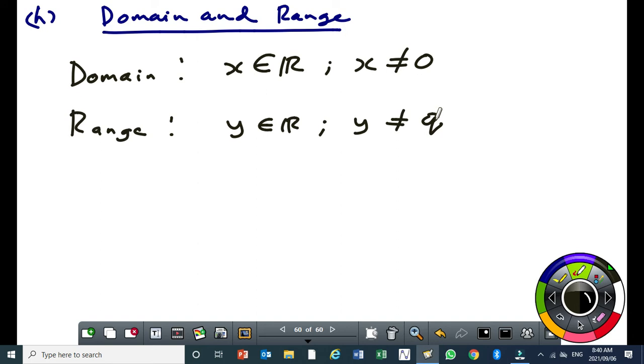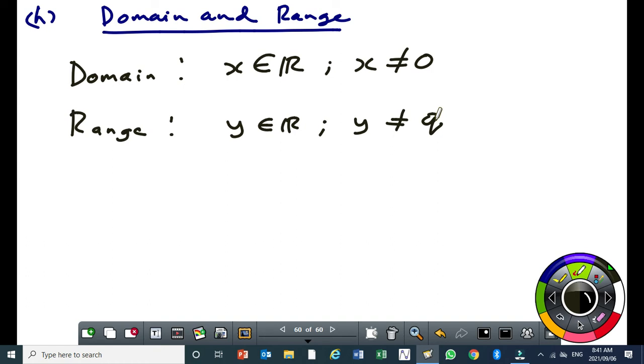Also, for the domain, x can be any value from minus infinity up to positive infinity, but you have to exclude x equal to 0 because there is an asymptote there. Right? So make sure you're aware of this, because generally this is a very important part which you may get tested in the examination in grade 10. You may be asked to write down the domain or the range. Right? And usually it will be 2 marks.